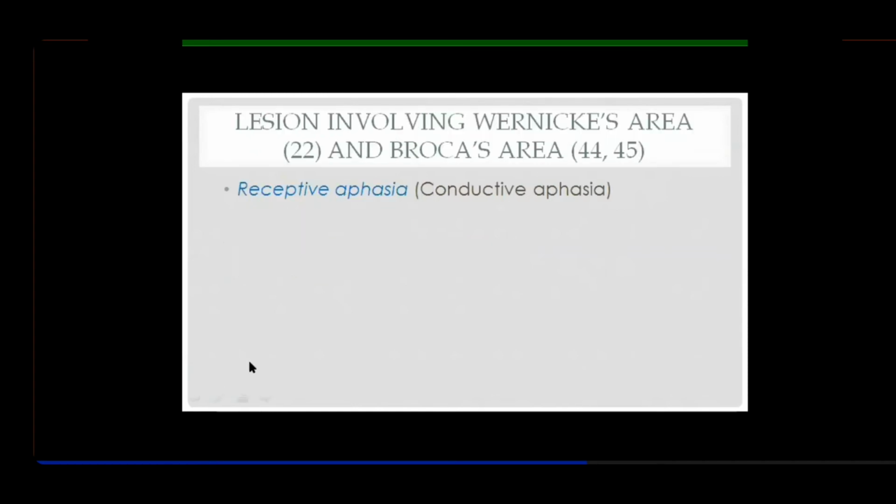Lesion involving Wernicke's area. Wernicke's area is again a big area. I mean, it's an area which includes a few adjoining areas. Let me tell you now about Wernicke's, although it will be taught in your sensory cortex. It's a part of the superior temporal gyrus, and extending onto the inferior parietal lobule.